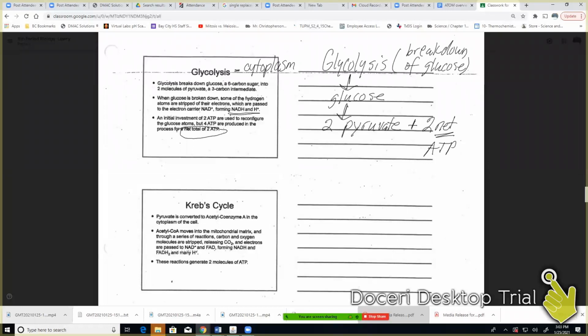It took 2 for it to get going. It produced 4, so overall we have a net of 2.